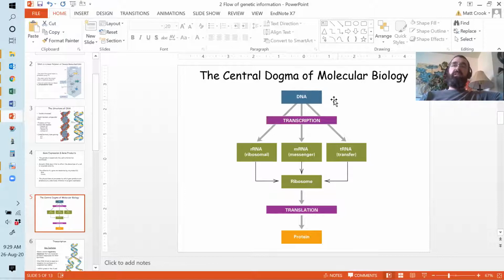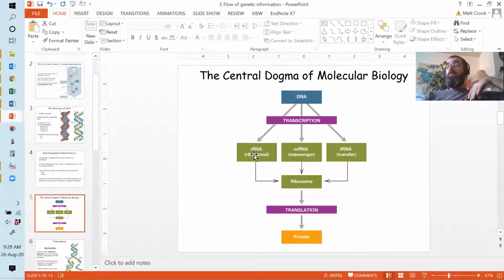Essentially going from DNA, which is really an inactive storage molecule, right? It's like having books in the library. It doesn't do anything itself. And converting that information into stuff that does stuff, right? And typically that's protein. It can also be RNAs, right?